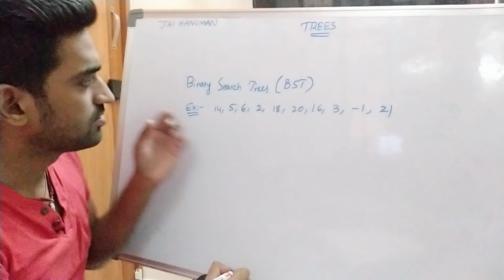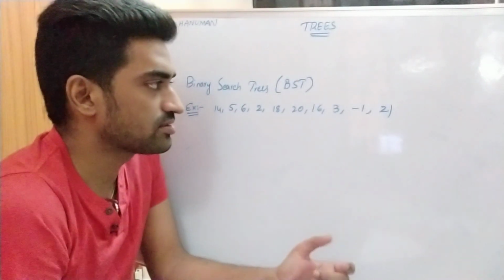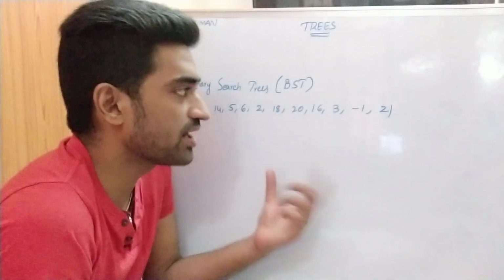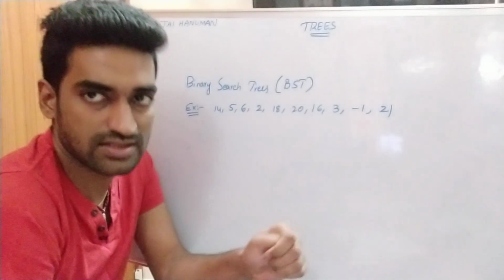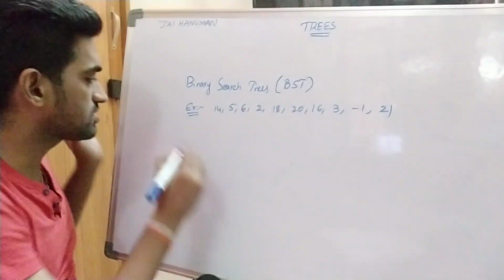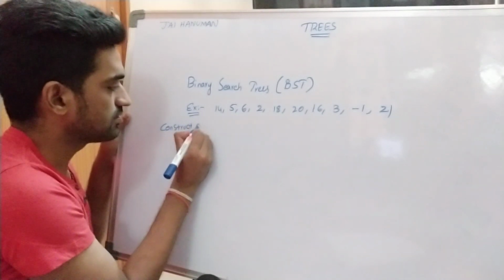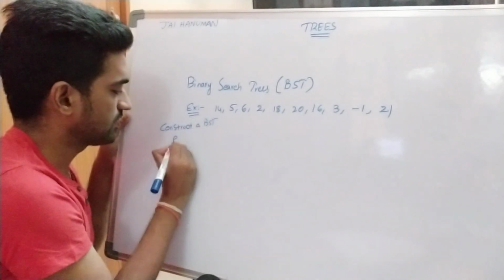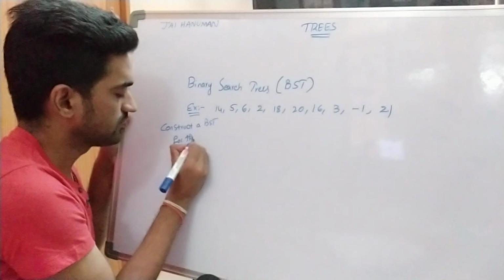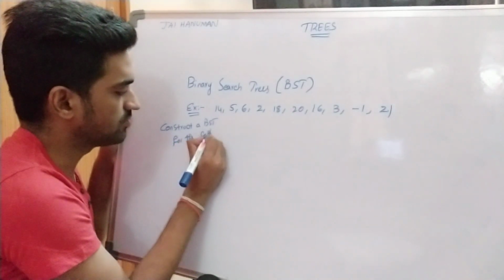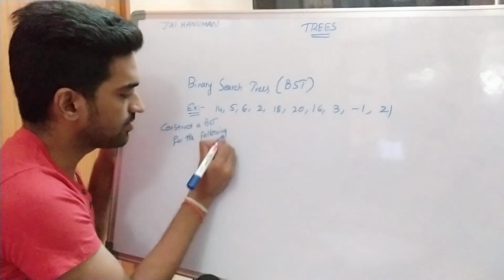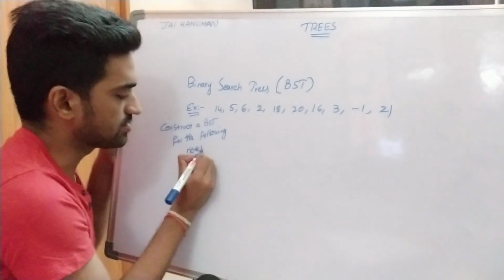So these are the various elements. Here I am constructing a binary search tree for the following elements, right? How to construct? So construct a BST for the following nodes or elements, right?